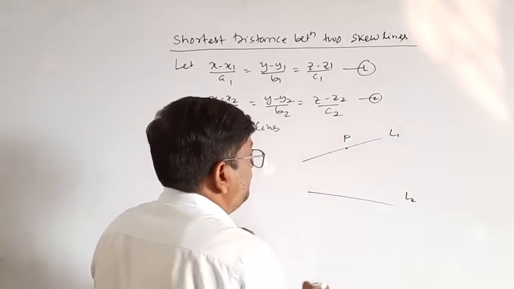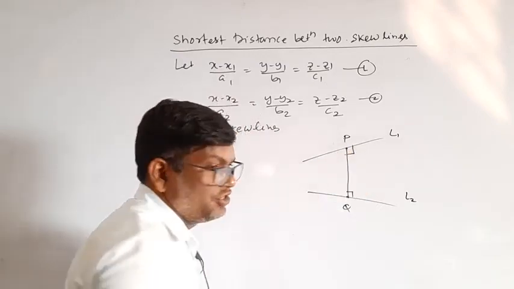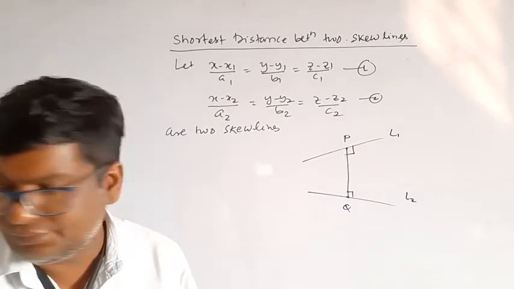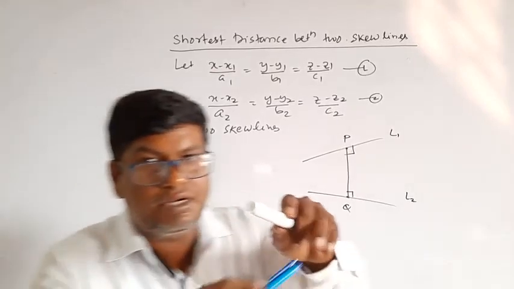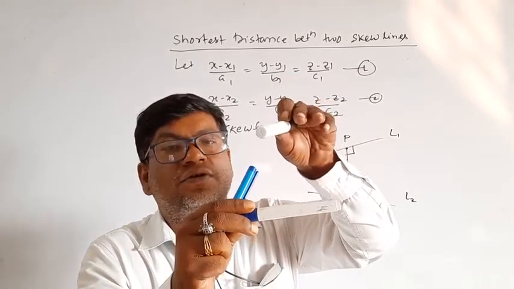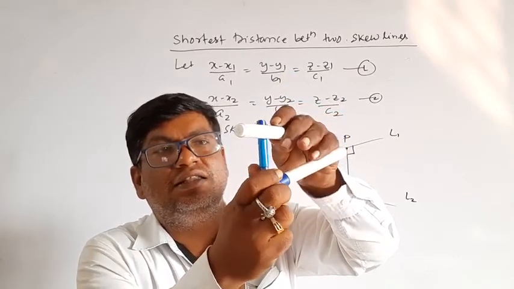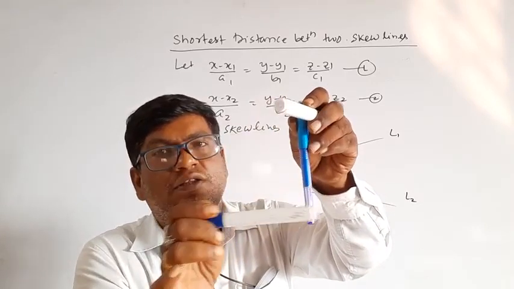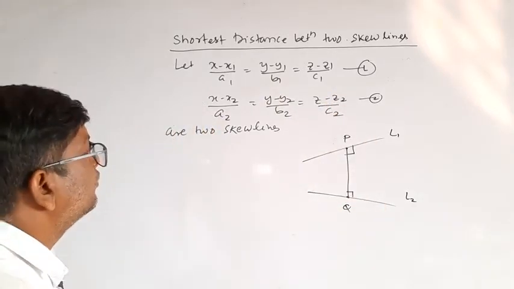Suppose this is any point P and this is any point Q. Here PQ is perpendicular to both the lines. So PQ is the common perpendicular to both the lines.